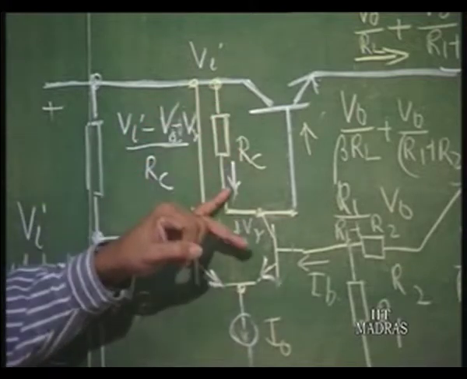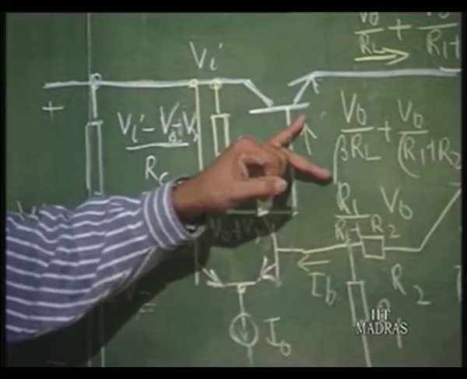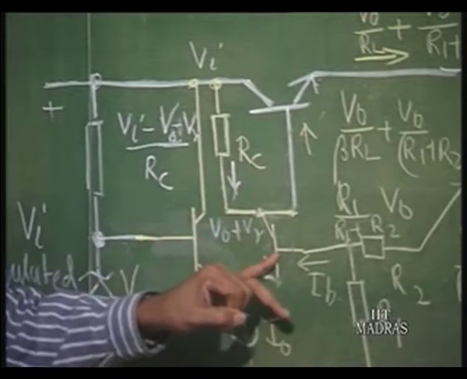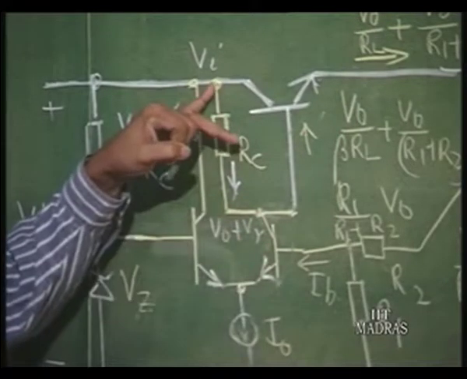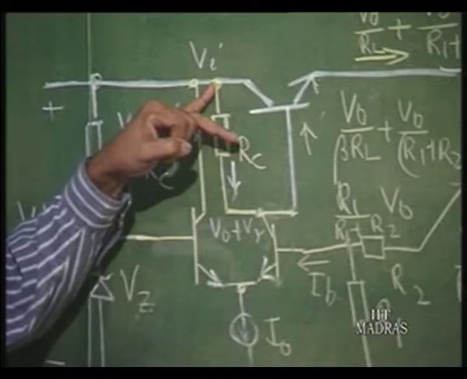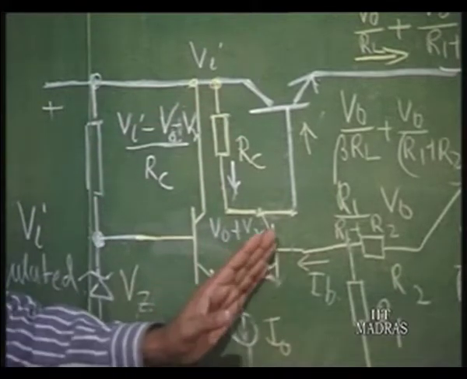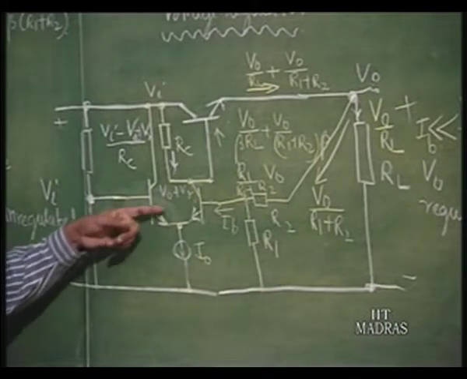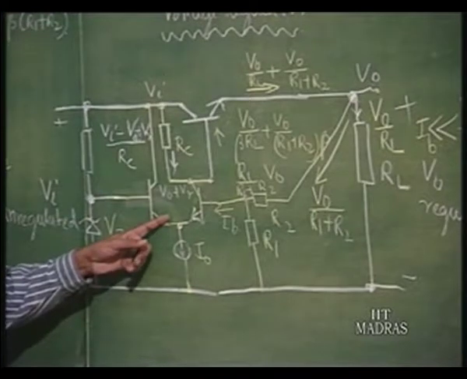If this keeps on increasing, this current remains constant because I naught is constant. Rest of the current should go into this, and this current can keep on increasing. So, what will happen? This transistor will conduct more and more, and ultimately it will carry only a current of I naught. That means, it is capable of driving this transistor to off state.